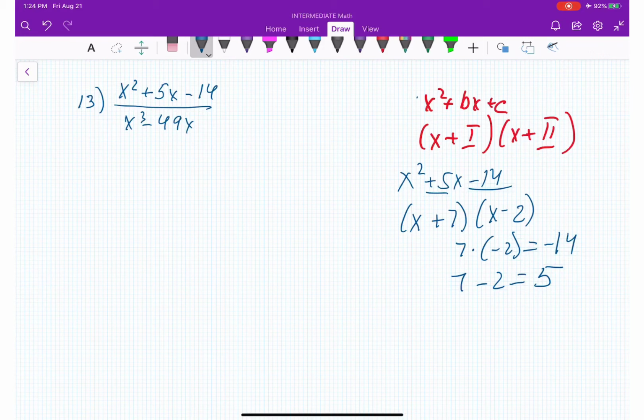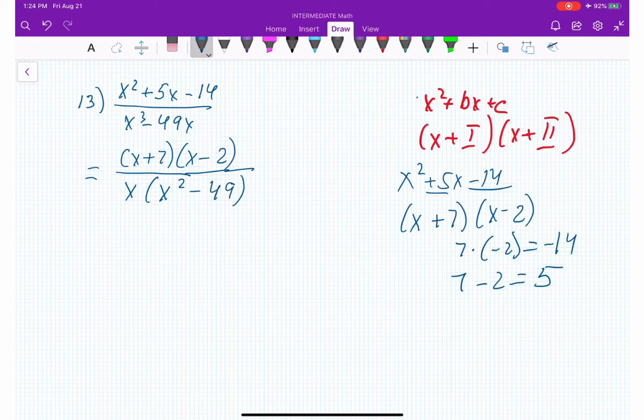Okay, so it's going to be in the numerator x plus 7, x minus 2. Now in the denominator, I cannot factor it because I have a cube. So what I can do first thing, take common factor x, and I will have left x cubed divided by x will be x squared minus 49, right?